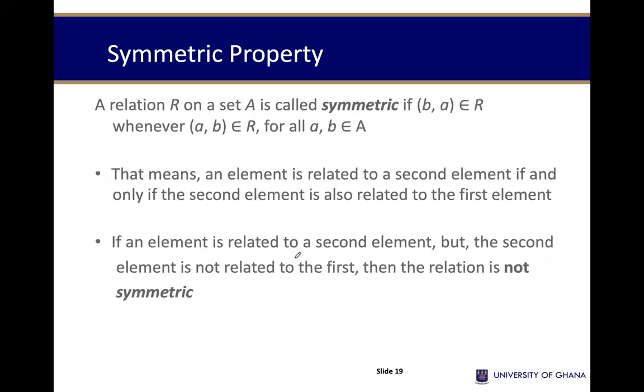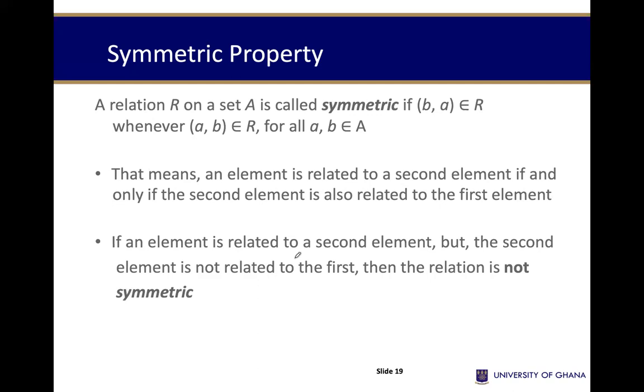So let's look at symmetric. For symmetric, A will not be related to itself, but A will be related to B, provided B is related to A. So see it in this way, for those of you in a girlfriend-boyfriend relationship, for example, you have A being maybe the lady, and B being the gentleman, right?